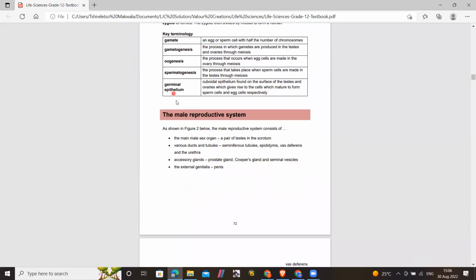And then we start with basically the first type of reproduction. So the first type of human reproduction. You will see with human reproduction, the focus here will be on the female reproductive system, because the male reproductive system is relatively easy, right?